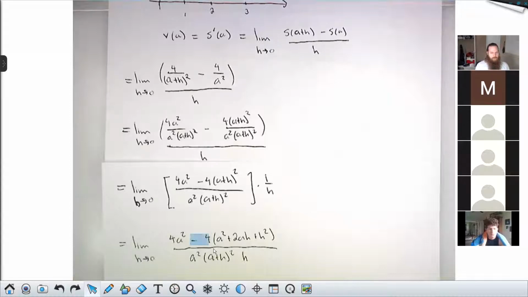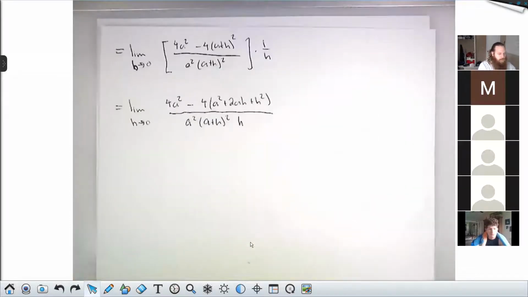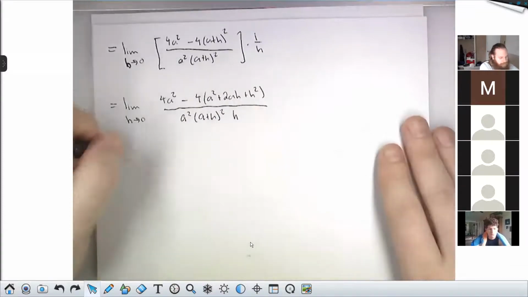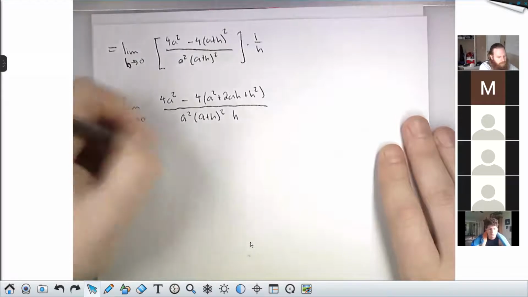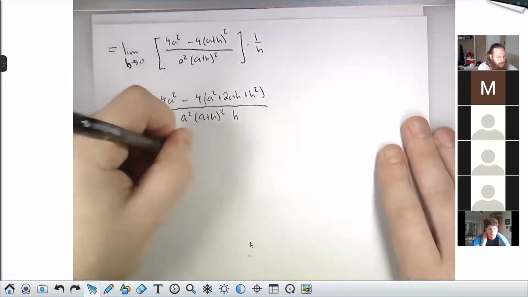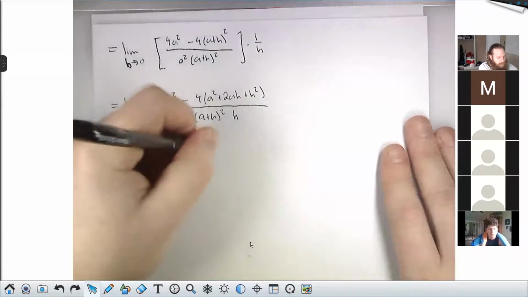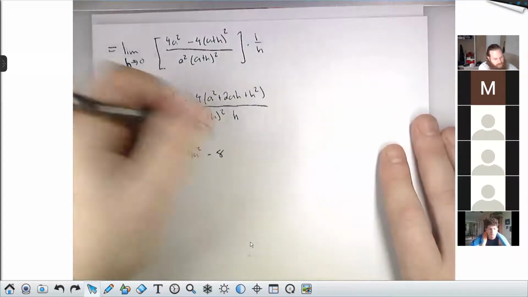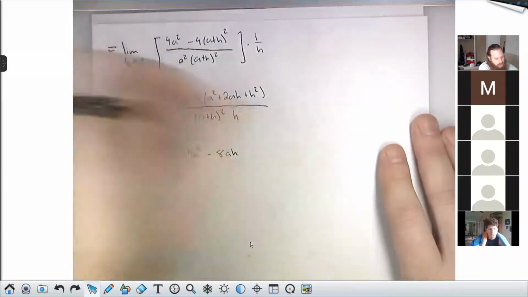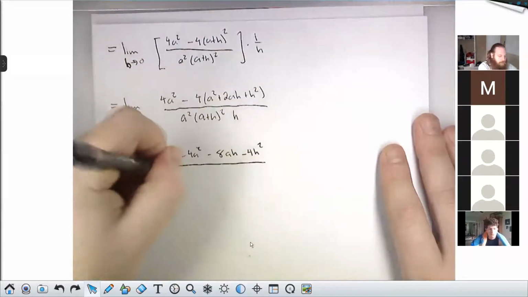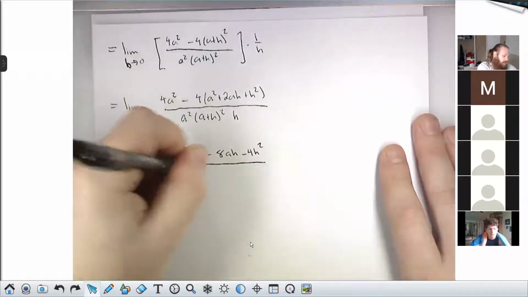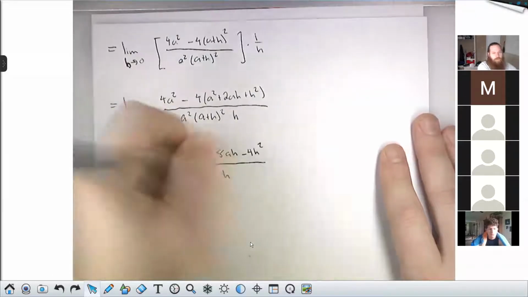Right? It's a negative 4, so I'm going to distribute a negative 4 across these terms, then combine like terms and see if I can factor and cancel anything. So I'll get the limit as h goes to 0 of 4a squared minus 4a squared minus 8ah minus 4h squared over a squared times (a plus h) squared times h.